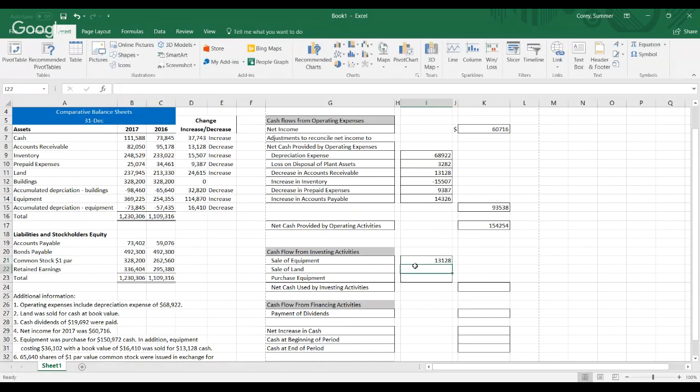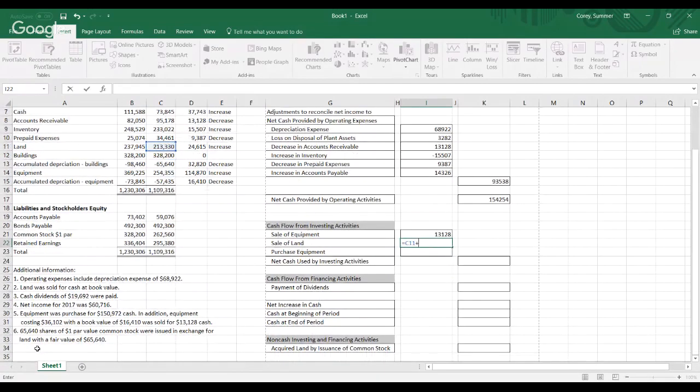Now the sale of land is a little tricky and I did have problems with this. What you're going to do is take our 2016 amount and add, and if you look down here in number 6, it says that 65,640 shares of $1 par value common stock were issued in exchange for land with a fair value of 65,640.